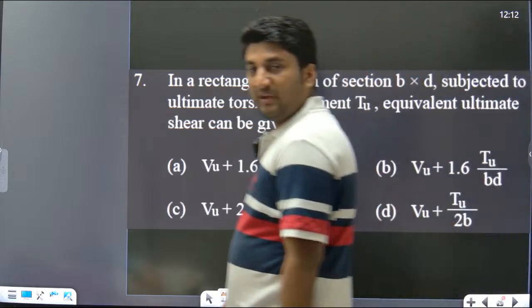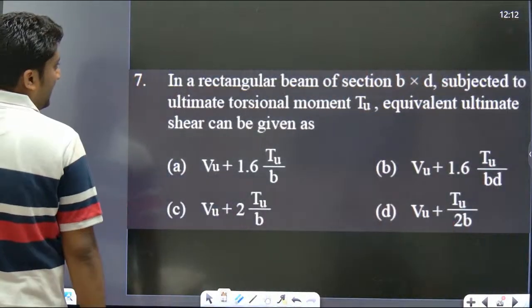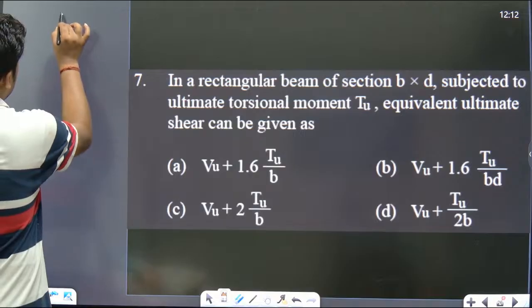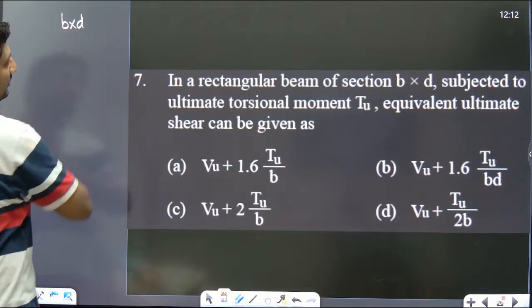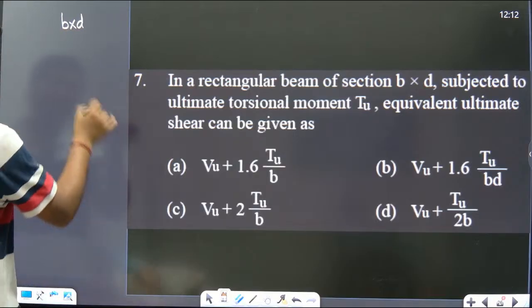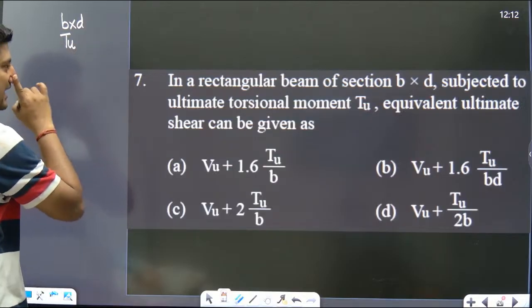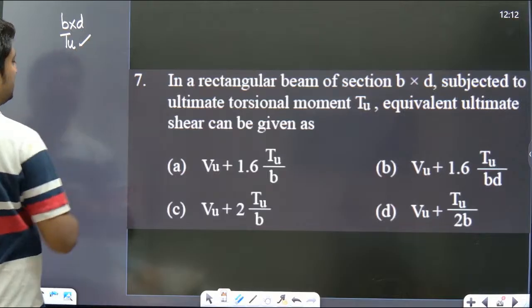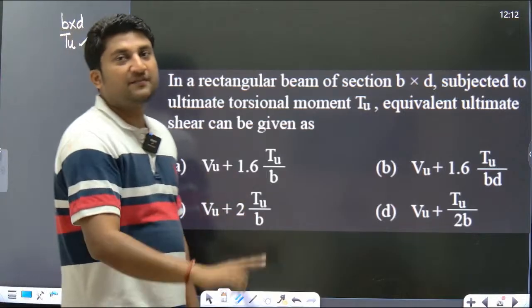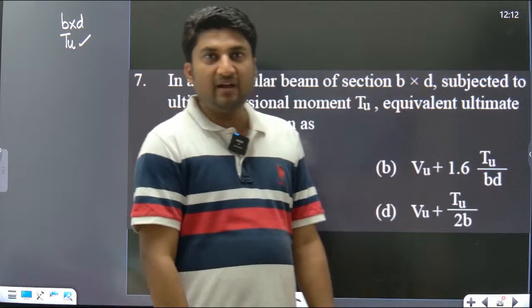Now the section is B into D, a rectangular beam subjected to a torsional moment of TU. We don't give separate reinforcement for torsion; what we do is we take additional reinforcement for shear and bending moment.